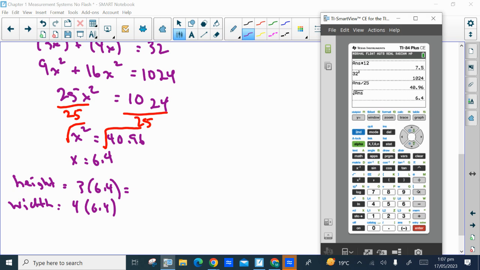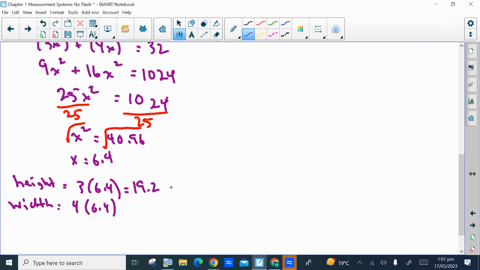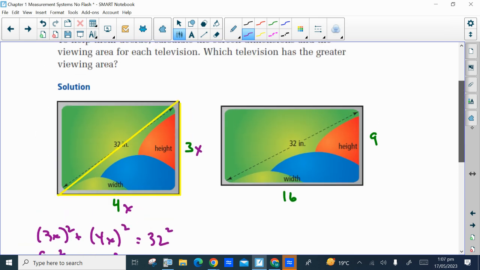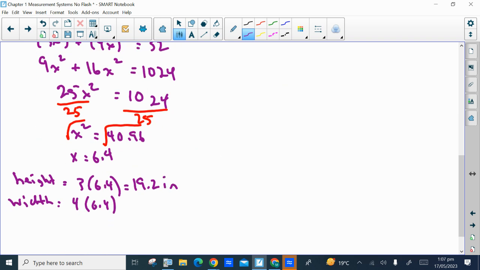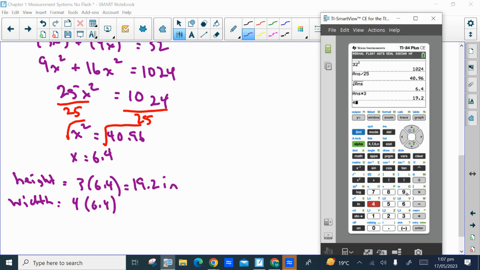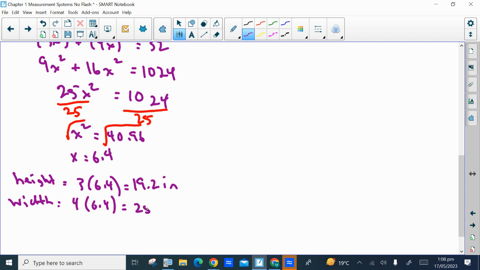So I'm going to multiply this by 3 and get 19.2. And that would be in inches because the hypotenuse is in inches. And the width will be 4 times 6.4, which is 25.6 inches. And then the area is found by multiplying these two together.